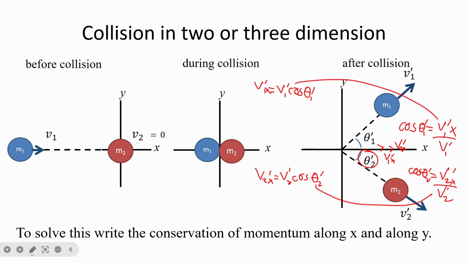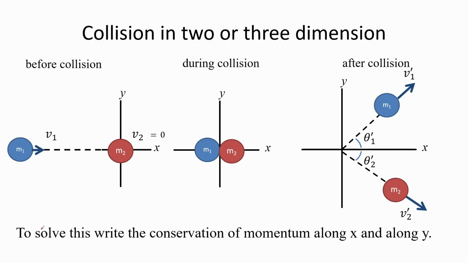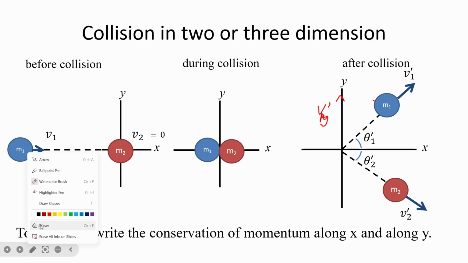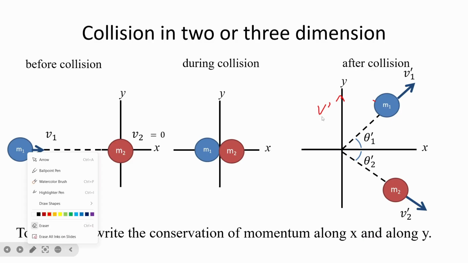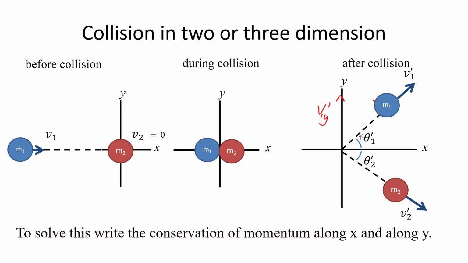Here, let me erase again. So this is v1 prime. That was a cosine function, so now we are clearly going to use sine theta. Sine theta 1 prime is equal to the opposite, which is your v1 y prime, over the hypotenuse v1 prime.